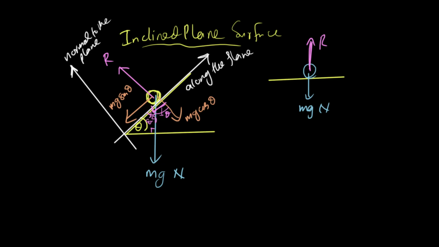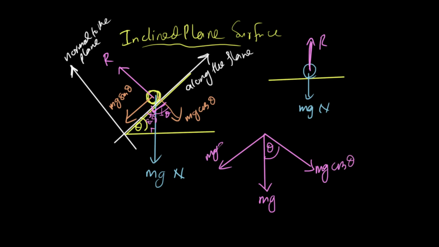So by the rule of components, if this is mg and this angle is theta, this is going to be mg cos theta and this is going to be mg sine theta. So this is how it goes.